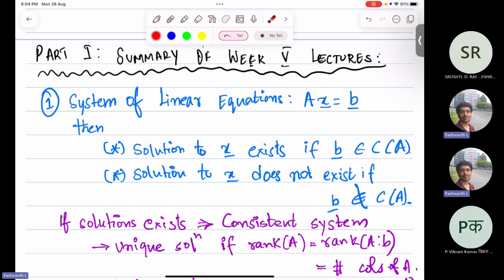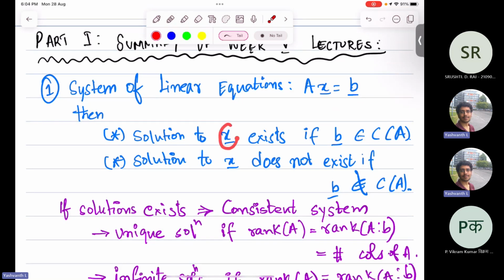Given Ax = b, the idea is to find the vector x such that Ax = b. Now the solution x exists if the vector b lies in the column space of the matrix A, that is, the span of all the column vectors.